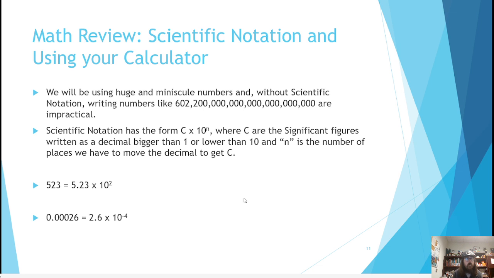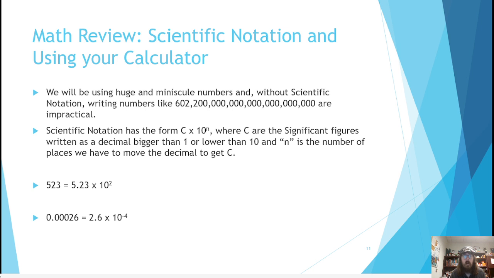Now, some simple things we need to keep in mind while we're doing this. We need to know how to use our calculator. So we'll be using very big numbers and very small numbers. If we do not know how to use our calculator, we are going to have a hard time of it.